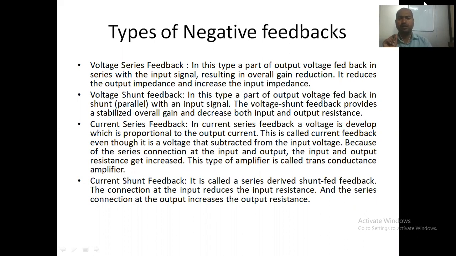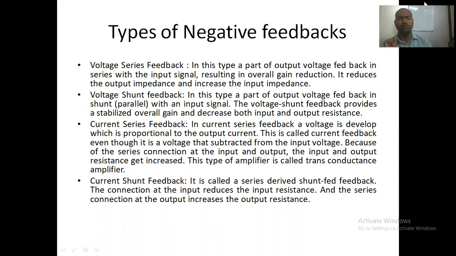Okay, and another thing that comes with this type of feedback is that it also reduces the output impedance. Output impedance indicates that, for some devices, whatever device is connected across it, the impedance should be less or more.